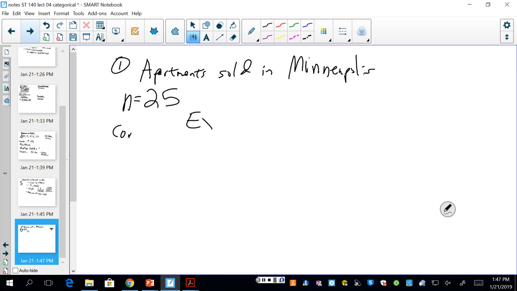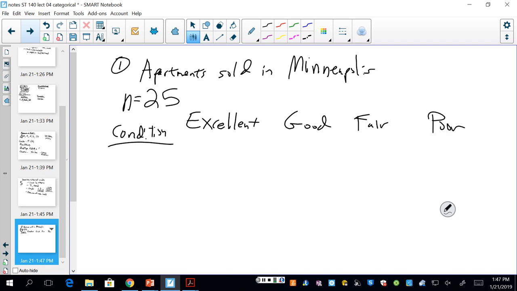So the variable is the condition of the apartment, and the responses can be excellent, good, or fair. You could have poor. It turns out in this particular sample of 25 that were sold that there are none that end up being poor. 6 are excellent, 14 are good, and 5 are fair, which is our 25 apartments, right?